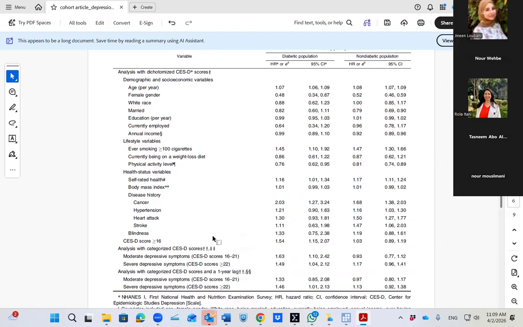If you look at this, this is the stratified data, right? What kind of strategy are we using here? We're just looking at the data stratified by diabetes and then looking at the hazard rate ratio of mortality for diabetic and for non-diabetic. What do you conclude?